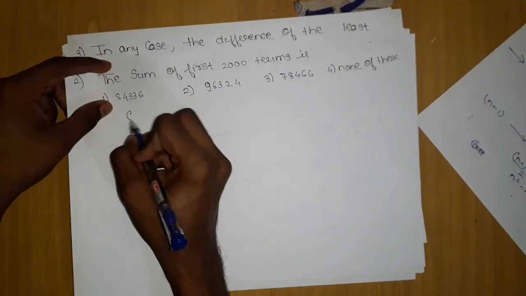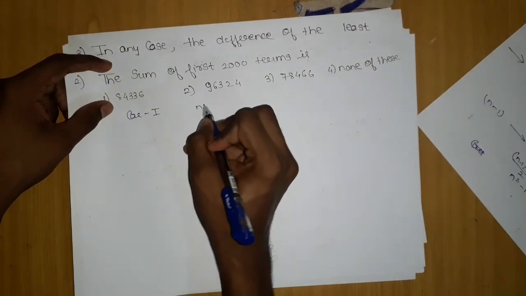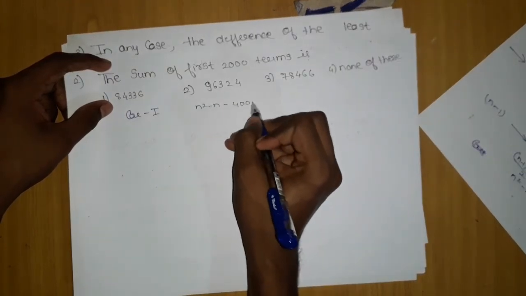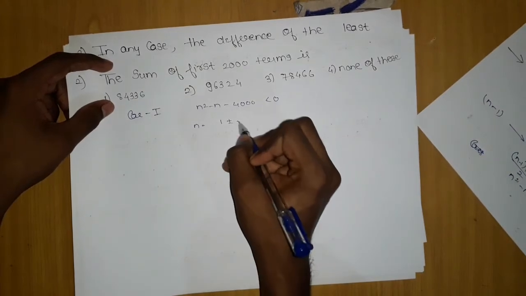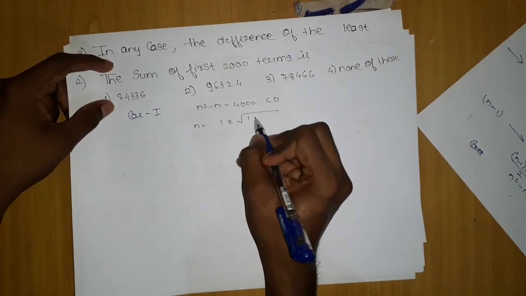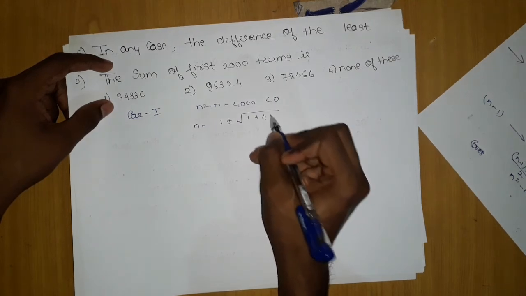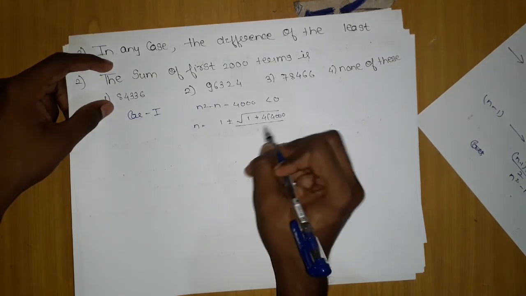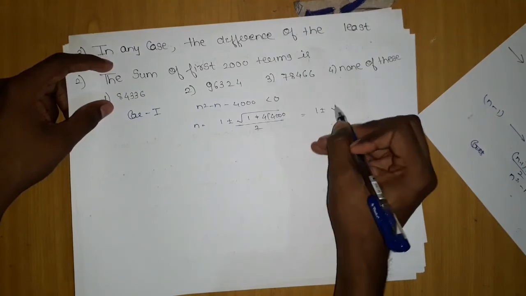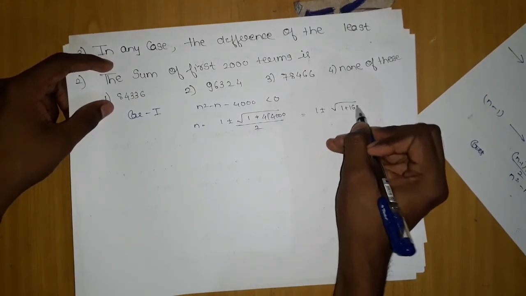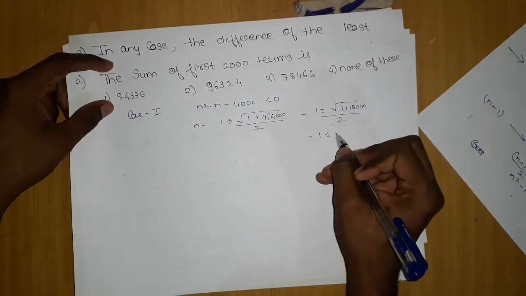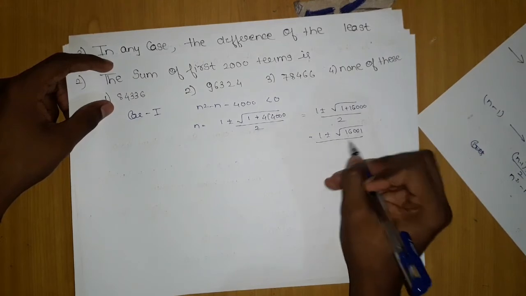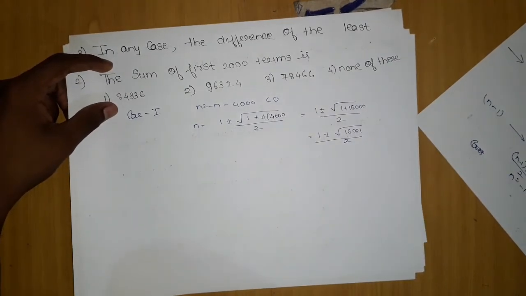If I consider case 1, which is n square minus n minus 4000 less than 0. n is a positive number, so n will be 1 plus minus under root of 1 plus 4 into 4000, upon 2, which will be 1 plus minus under root of 1 plus 16000, upon 2, which gives 1 plus minus under root 16001 upon 2.